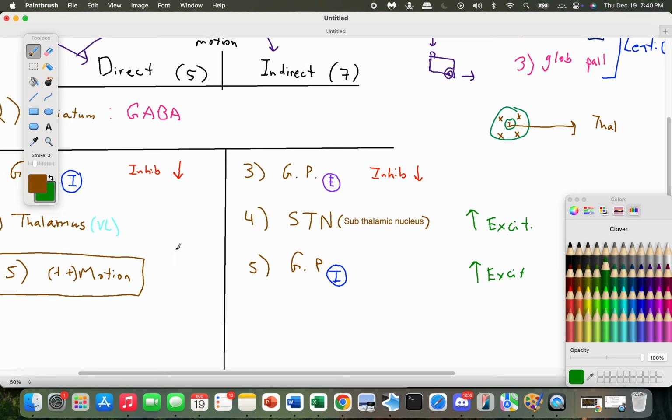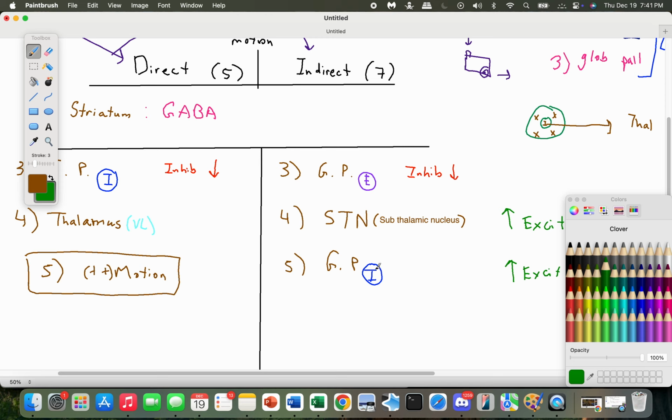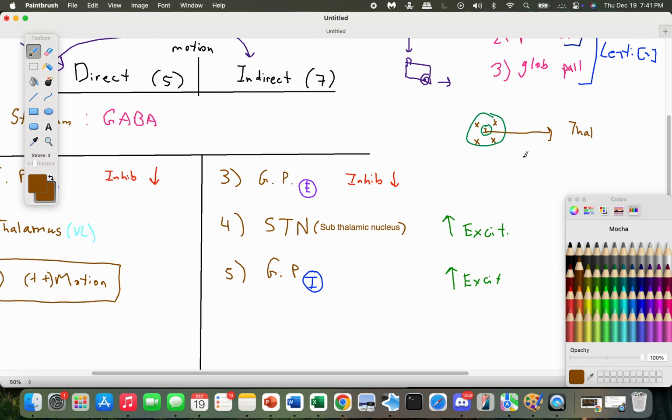And if the GPE would have caused excitation, and now we're on the GPI, which is the indirect pathway or inhibition of motion. And I told you here on this drawing of the globus pallidus, let's actually just put that in here.